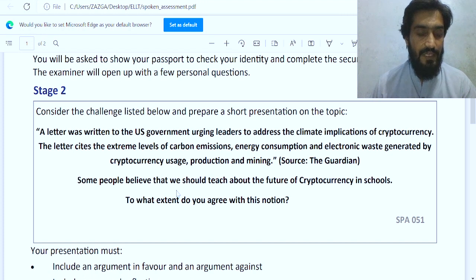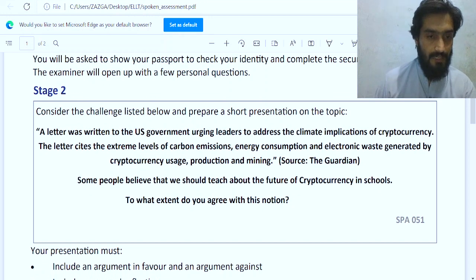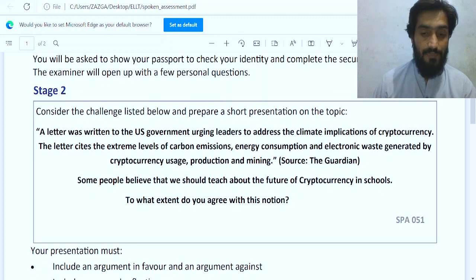Some people believe that we should teach about the future of cryptocurrency in schools. Okay, some people, not all. Some people believe that cryptocurrency should be taught at school. Some people believe that no, it shouldn't be taught. It's not the STEM subject, so it's not the kind of subject that students will need in the future.